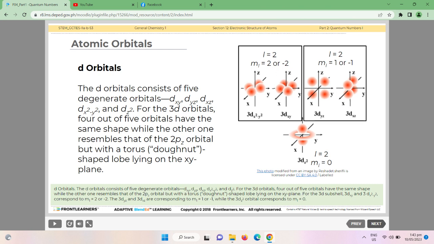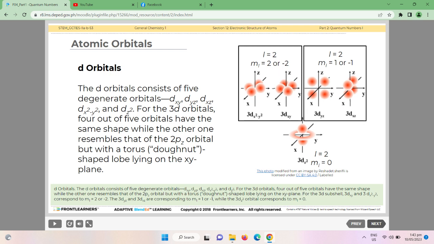D orbitals. The d orbitals consist of 5 degenerate orbitals: dxy, dyz, dxz, dx squared minus y squared, and dz squared. For the 3d orbitals, 4 out of 5 orbitals have the same shape, while the other one resembles the 2pz orbital, but with a torus or donut-shaped lobe lying on the xy plane.